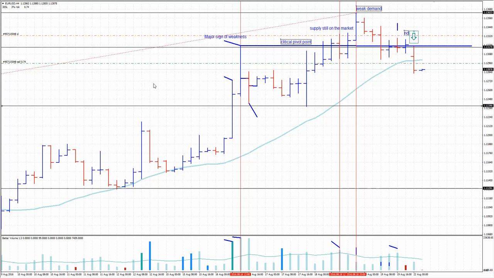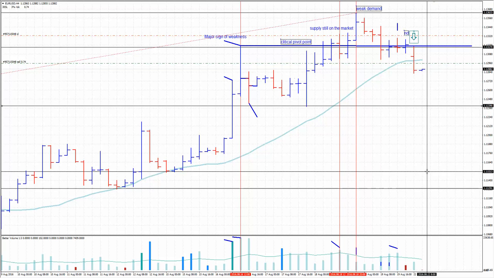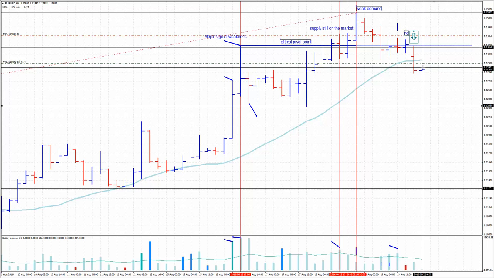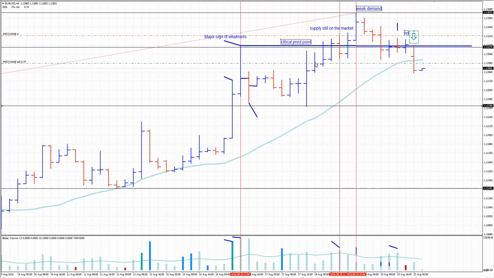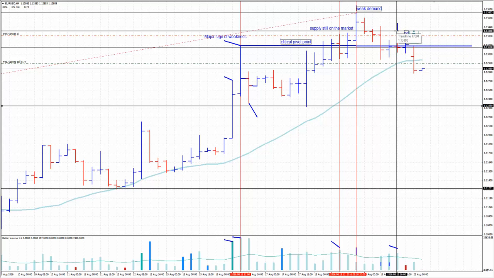So there are a lot of downward targets, but we may see like 50 to 100 pips lower price, in my opinion. So, major sign of weakness, critical pivot point, supply came in, and the demand we saw disappear when this is a low volume demand bullish bar, and these are some no demand bars on high volume.